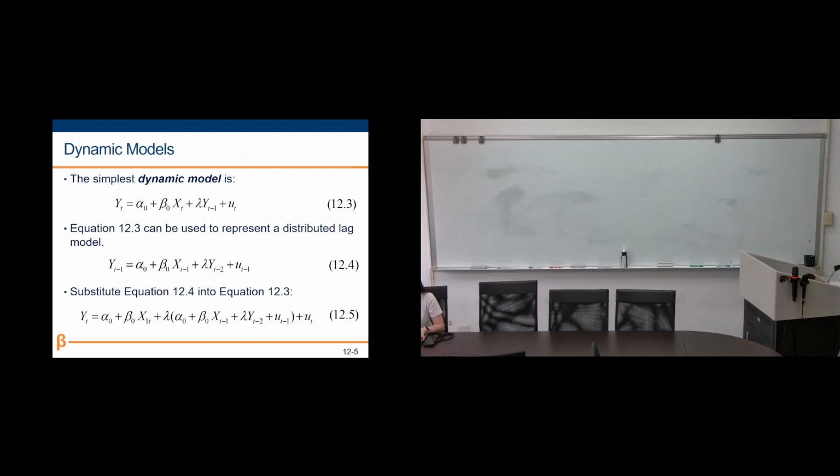Multicollinearity? Well, if we express the dynamic model as a distributed lag model, then the multicollinearity problem does exist. But if I don't express it as a distributed lag model and just use the dynamic model, what's the problem? Zero correlation.